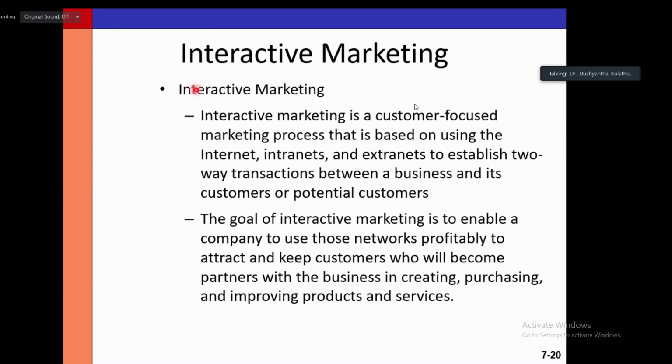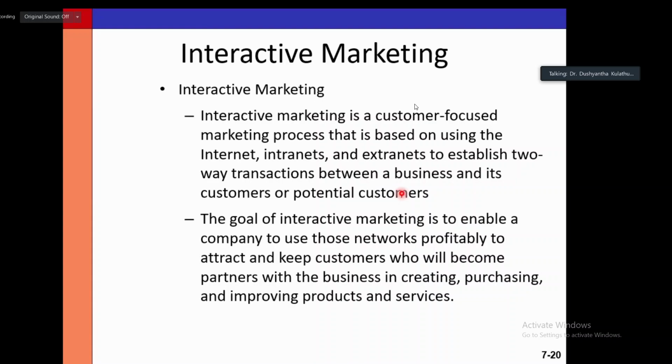So what is interactive marketing? Interactive marketing is a customer-focused marketing process that is based on using the internet, intranets, and extranets to establish two-way transactions between a business and its customers or potential customers.